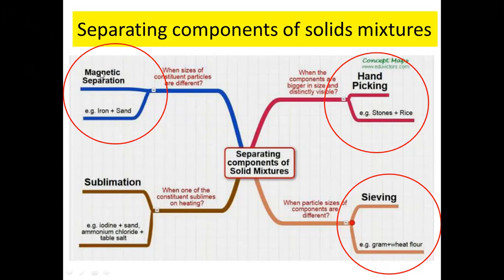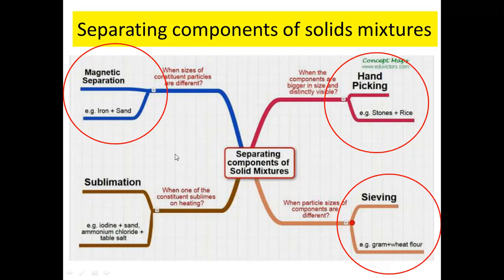It is not going to interact with the sand or other particles, because it is specific to iron. So if the mixture contains iron and sand, you can easily separate it by using a magnet. A magnet can pick up the iron out of the sand, and you can separate the two by using this simple technique.